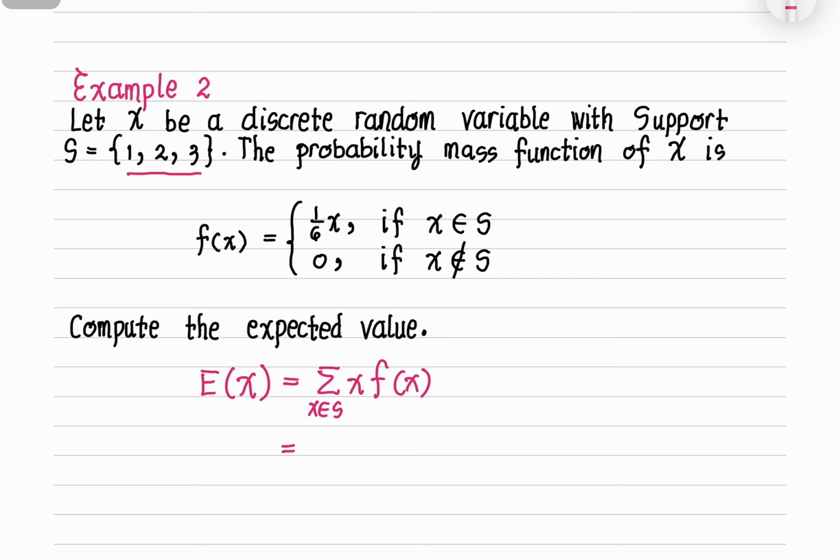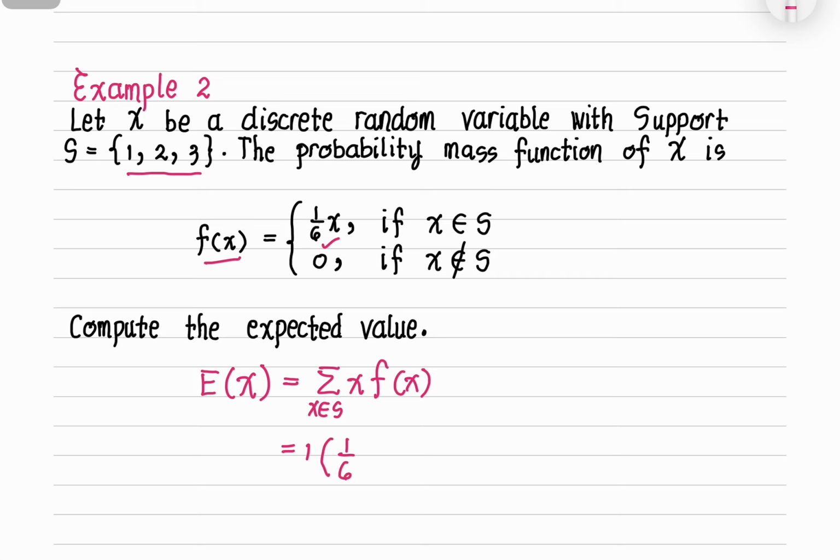So our first x here is 1, with its corresponding probability, which is f of x, that is 1 over 6, times x. So, 1 times 1 over 6.